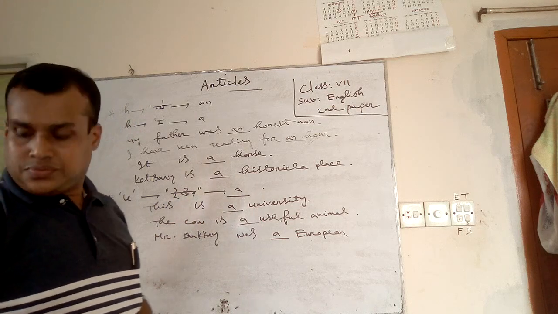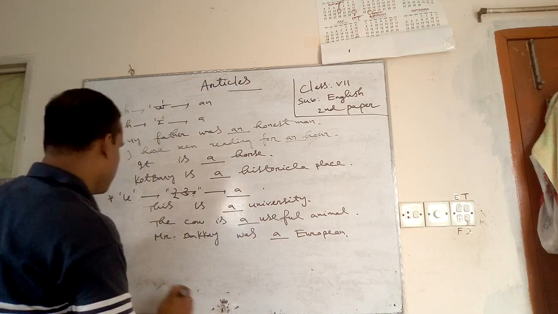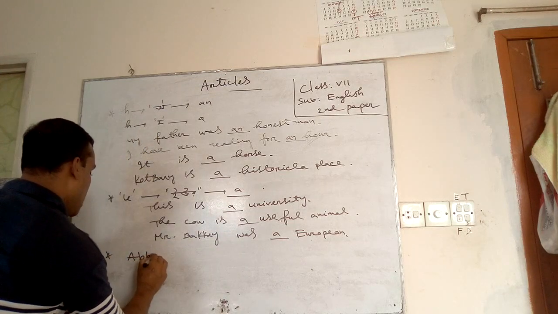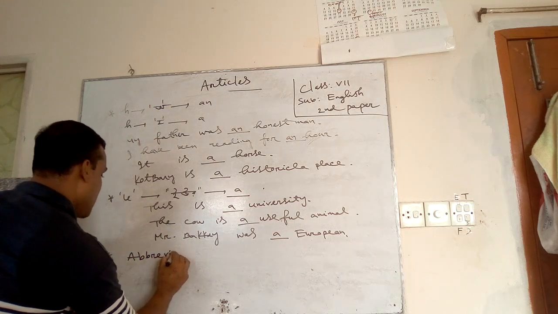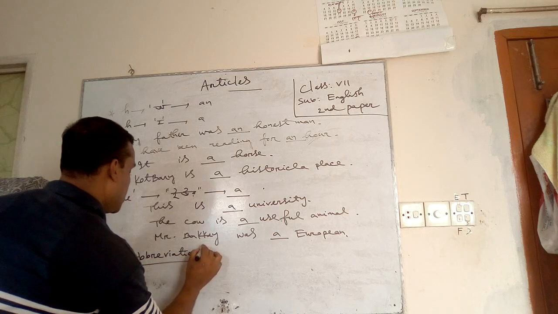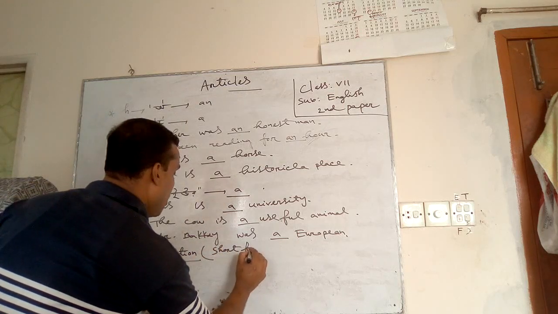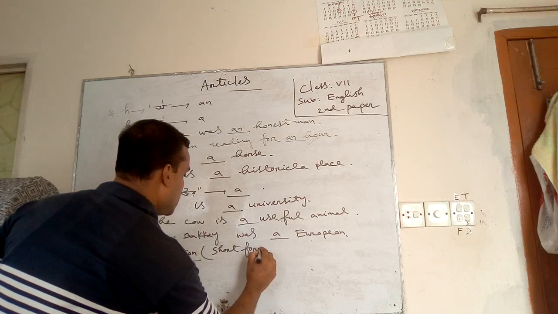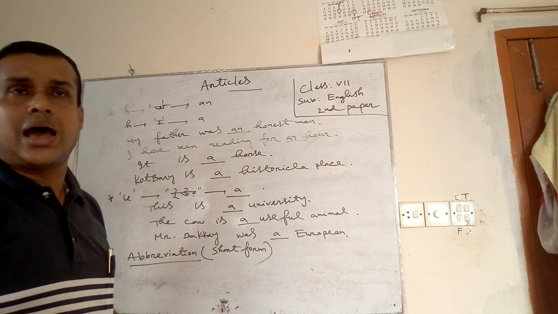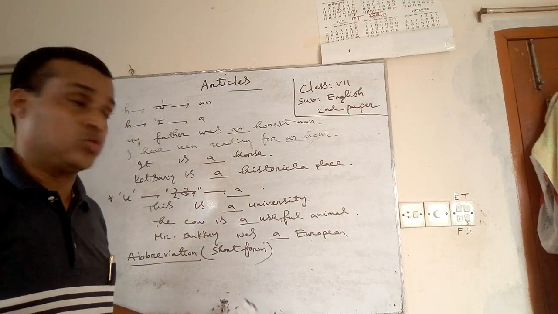Next example. Next rules. Abbreviation. Short form. If an abbreviation is available in a sentence, then we should follow these rules.